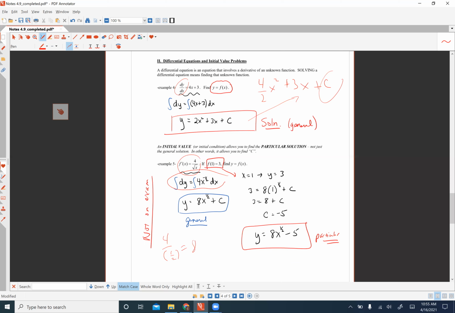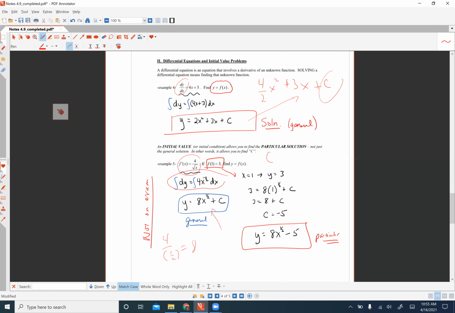So the general solution in example 5 is 8 times the square root of x plus c. But we're given an initial condition: f of 1 is 3. So when we plug 1 into this formula, y should be 3.